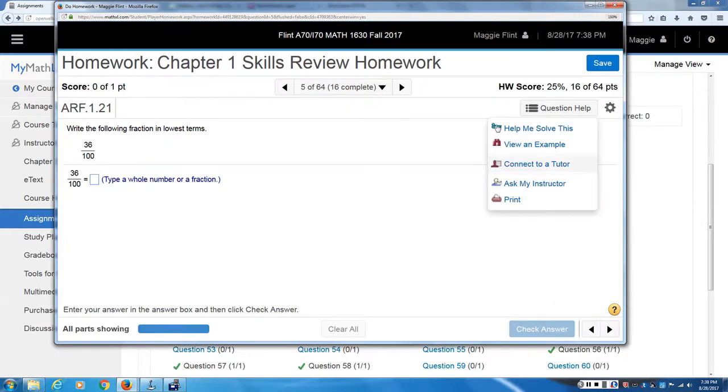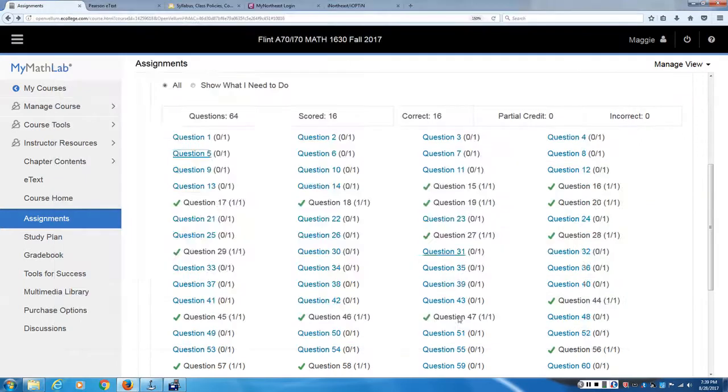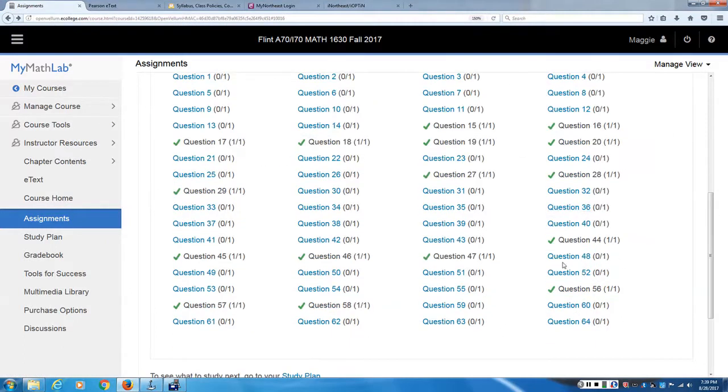Now, help me solve this. They're going to take you through all the arithmetic. Hopefully you realize by me showing you going through it, I don't really want you to do all of that. What I want you to do is use your calculator. Okay? So don't automatically go to the homework and do help me solve this. Now, some of them help me solve this will be good.